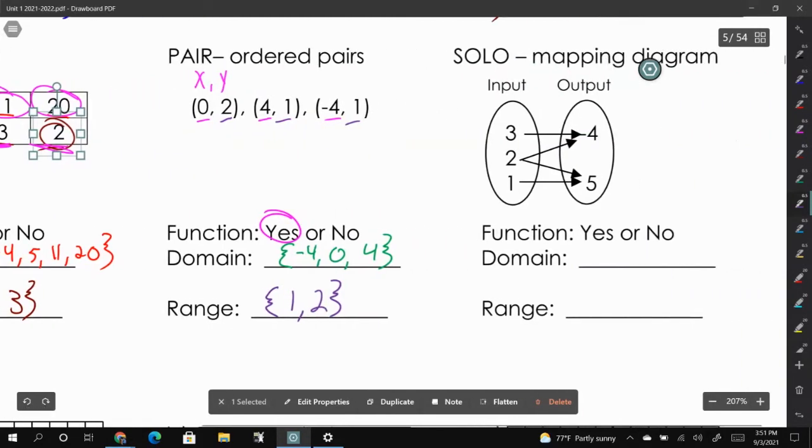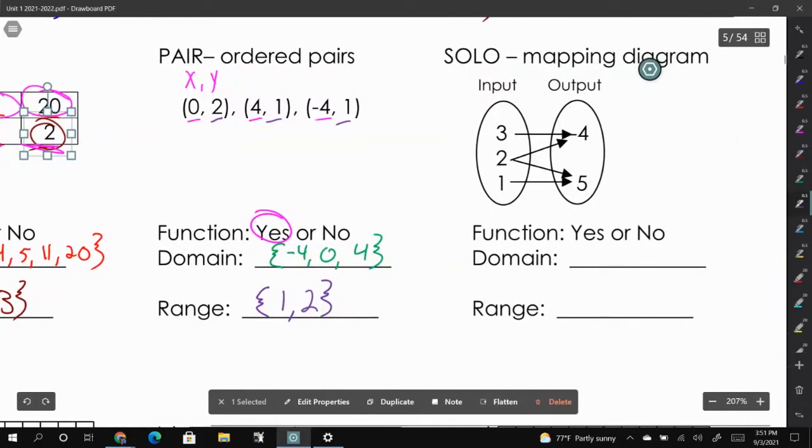Now, this mapping diagram says that 3 is related to -4, so if I press 3, I get a -4. If I press 2, I get -4 and 5. That's not okay. I'm hitting one button on the pop machine, and I'm getting 2 different pops.